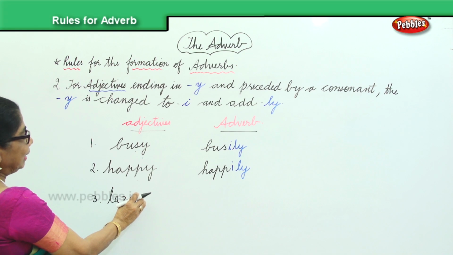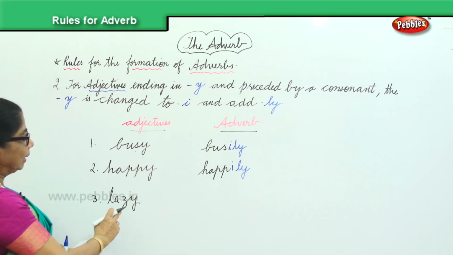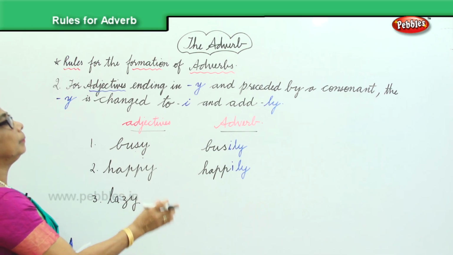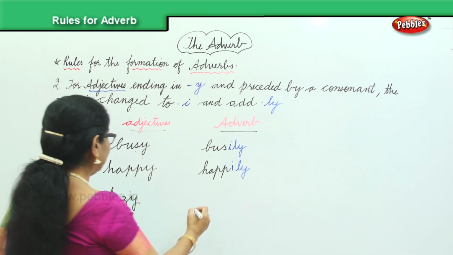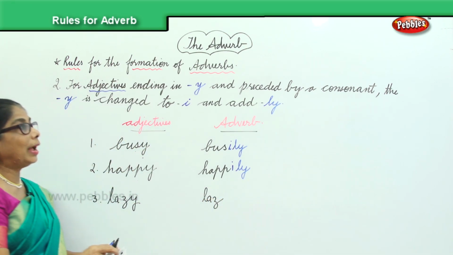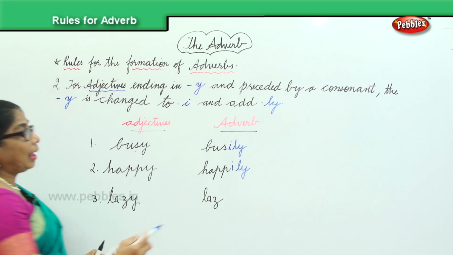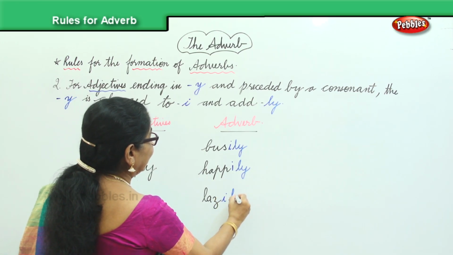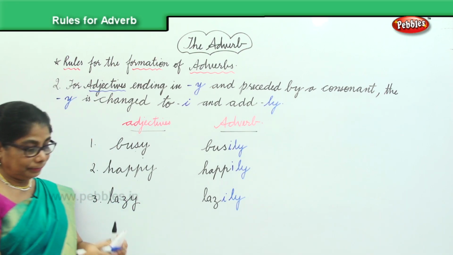The adjective ending in Y preceded by a consonant: the Y changes into I and you add ly. So you have lazy, you change Y to I and add ly. Lazily.